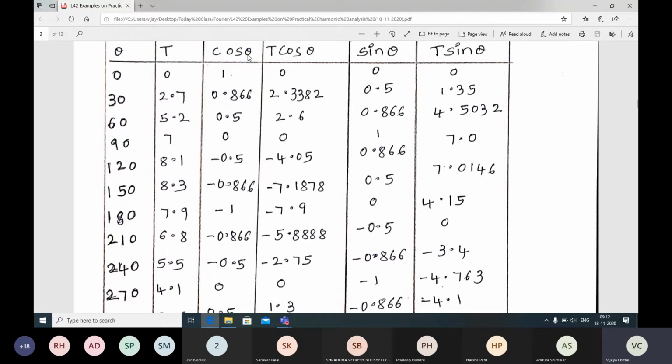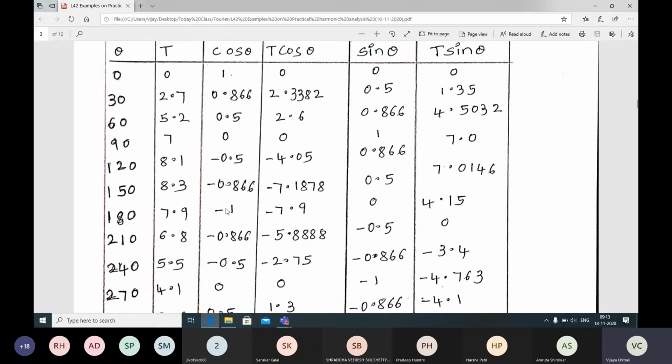Substitute 30, cos 30 is 0.866. Substitute 60, 0.5. Substitute 90, 0. Substitute 120, minus 0.5. Substitute 150, minus 0.866.